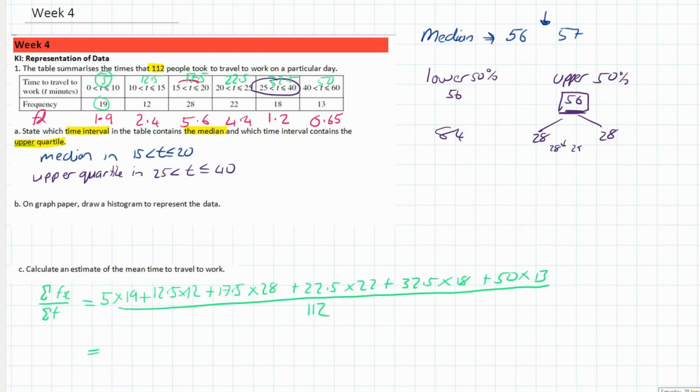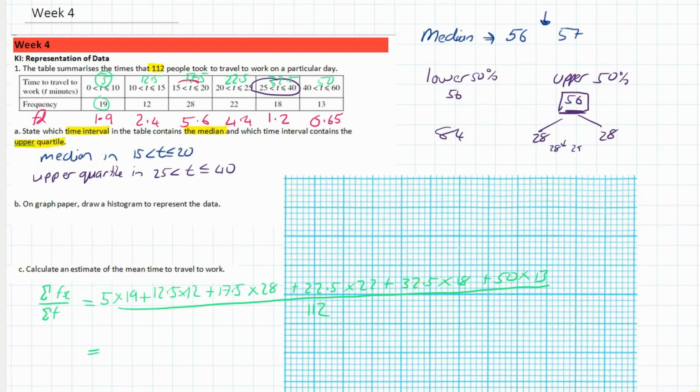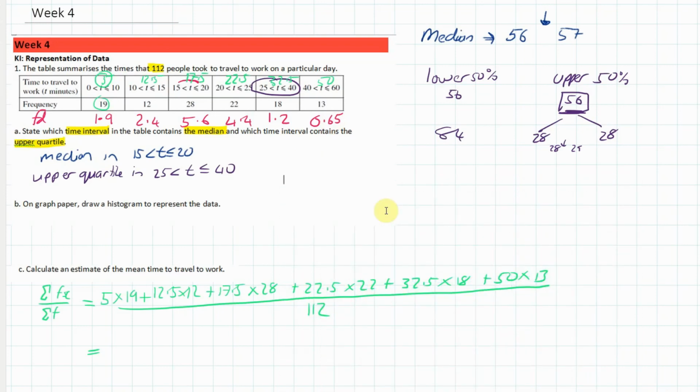A big long fraction. 5 times 19 plus 12.5 times 12, 17.5 times 28, plus 22.5 times 22, plus 32.5 times 18, plus 50 times 13.